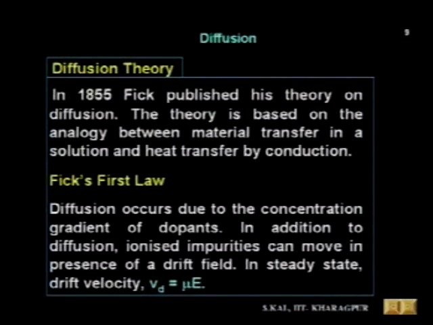That means one cause of movement of the dopant atoms in the bulk silicon lattice from one lattice point to another lattice point is the concentration gradient, and other than the concentration gradient there is another reason for movement, that is the electric field. Why? Because the dopant atoms are ionized when they move from one point to another point. They are charged particles. Obviously, they will be affected by the electric field.